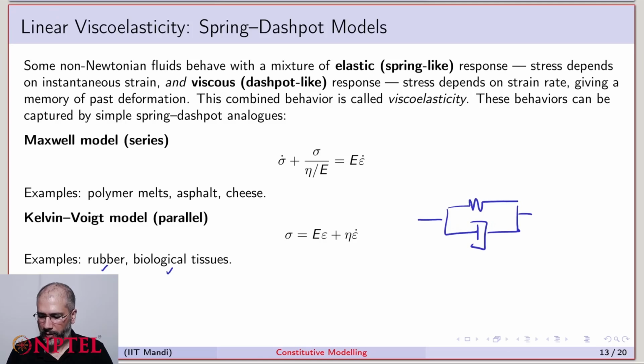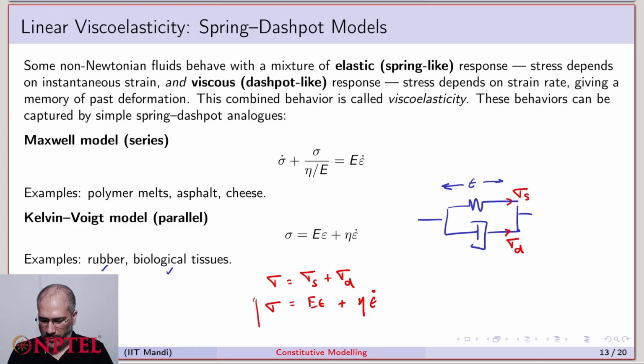That means they share the same strain, but the stress is different. So this will have a sigma spring and this will have a sigma dashpot. The overall sigma is sigma s plus sigma d, where sigma s is E times epsilon and sigma d is eta times epsilon dot. So we get the same equation that we have here.